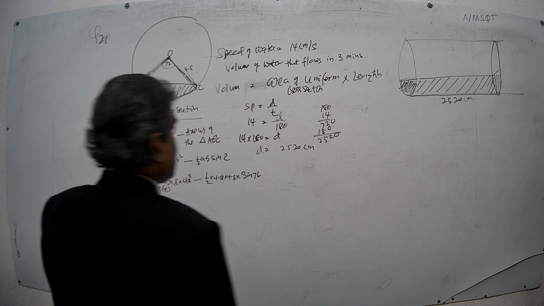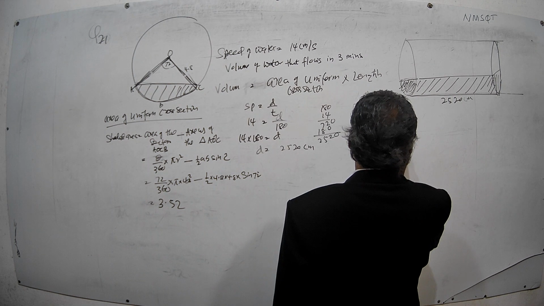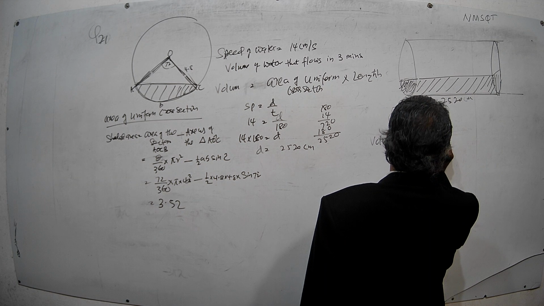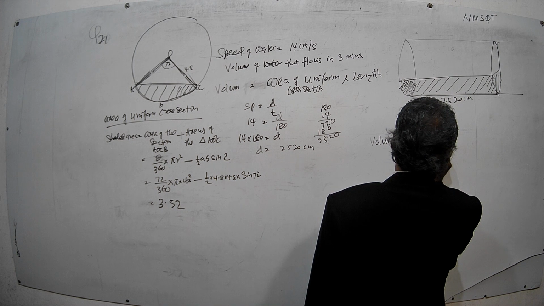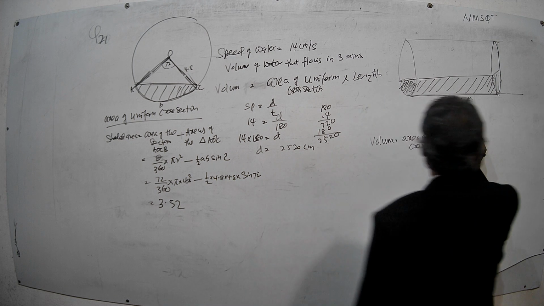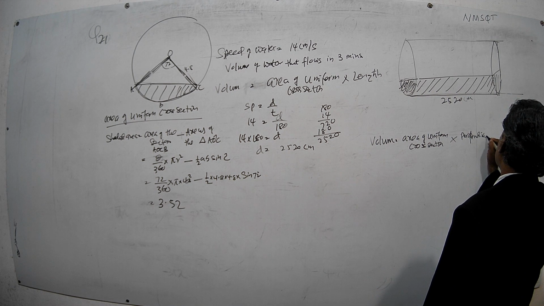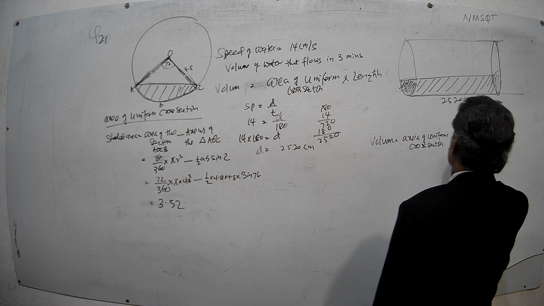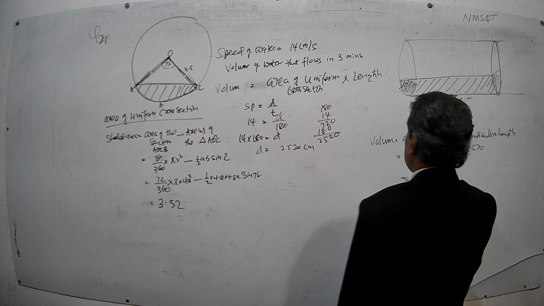Then we apply volume equals area of uniform cross section into perpendicular length. The perpendicular length is 2520. Then the uniform cross section area is 3.52. Multiply those two and you get the answer.